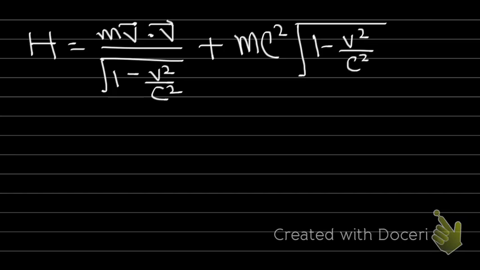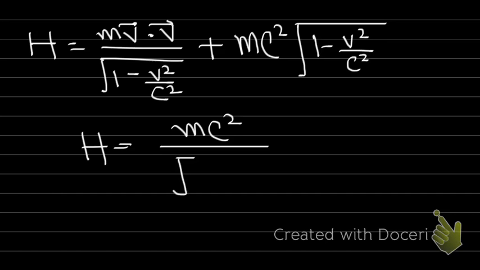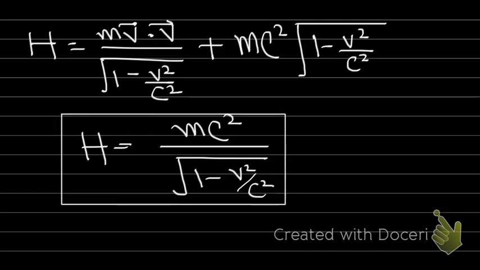If you simplify this equation, you get the Hamiltonian as mc squared over the root of 1 minus v squared over c squared. This is your corrected Hamiltonian for the relativistic system.